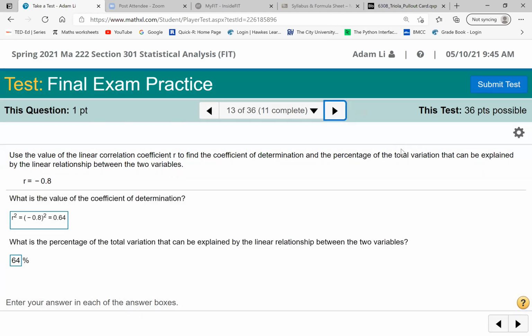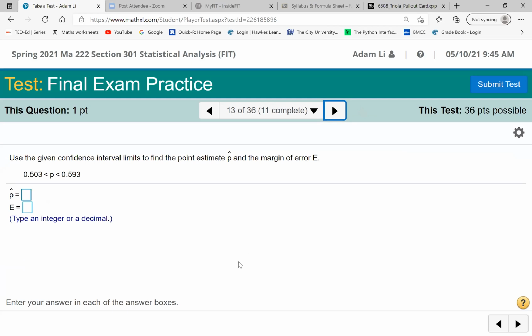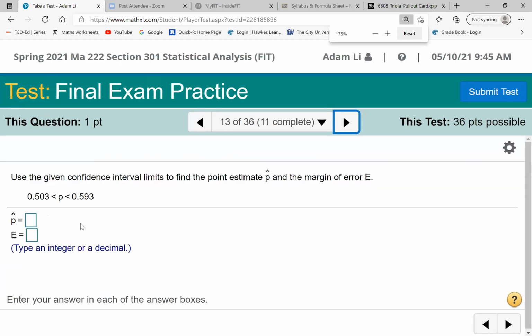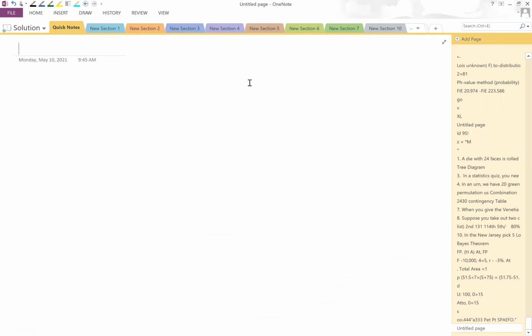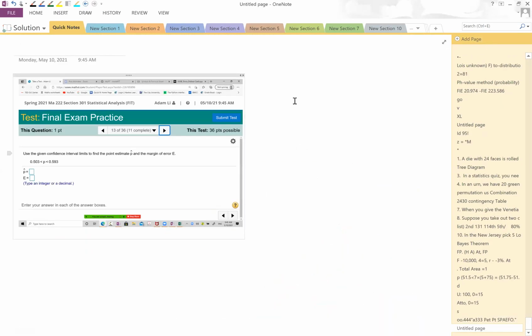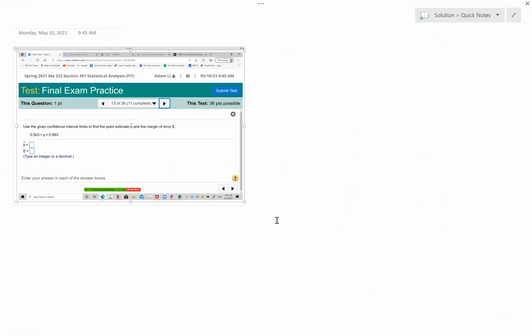Question 13. So very similar one, right? They're given this confidence interval, and the lower limit is p hat. I can do it one more time. No problem. Again, we are given this confidence interval, and we want to find out both numbers.